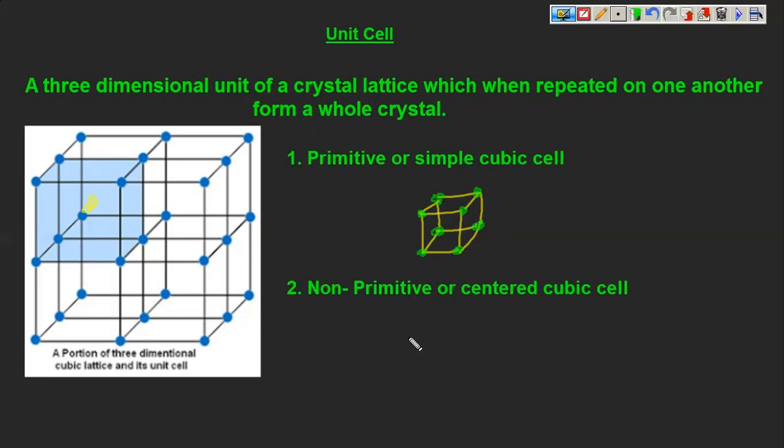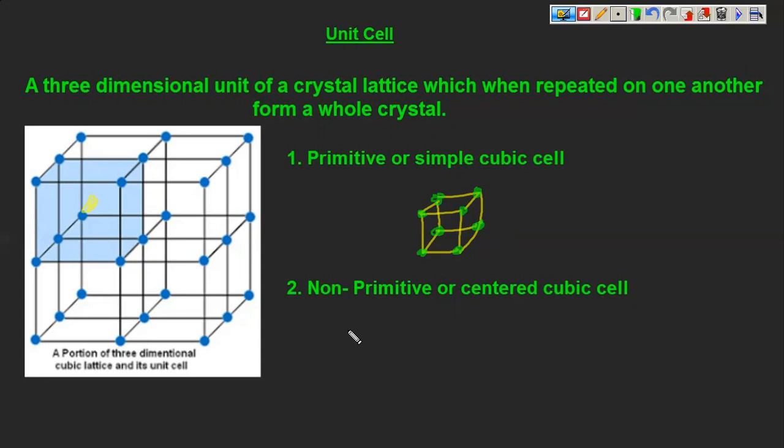Non-primitive unit cells are those unit cells which have particles not only on vertices or corners but also at the center of an edge, the center of a face, or the center of the unit cell.